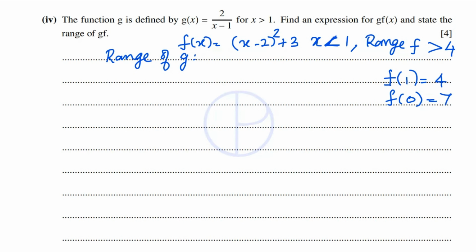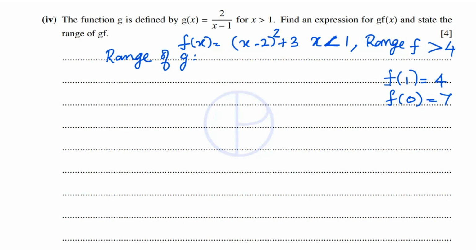Okay, so since x is in the denominator, g will be maximum when x is minimum. When x is minimum, you will get a maximum value. So x is greater than 1, that means the denominator will be a bigger number.